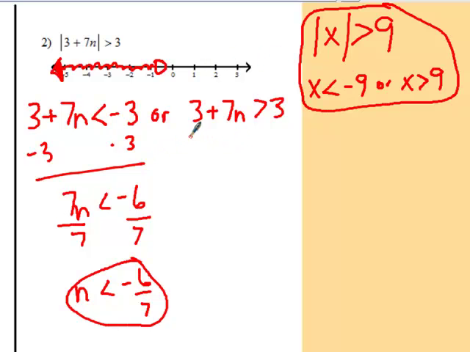So for the other piece, I subtract 3 on both sides. We're going to end up with 7n is greater than 0. Divide both sides by 7, and you're going to see that the other half of the solution is any values greater than 0. So to graph that, open circle at 0, and I will take any number greater than 0.